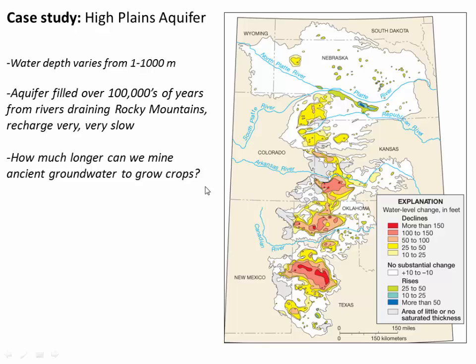Now the punchline of this is that today, agriculture and ranching throughout this region are pumping that groundwater out at a rate much, much faster than it can be recharged. So we're basically mining groundwater. It's another resource. And the question is, how much longer can we continue to mine this ancient groundwater before we run out or before the water level becomes too deep to access?